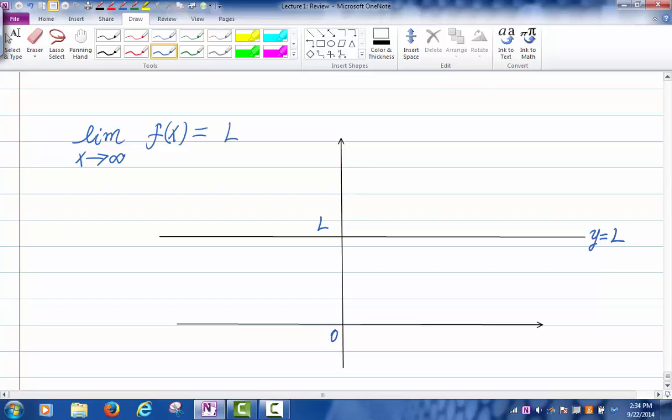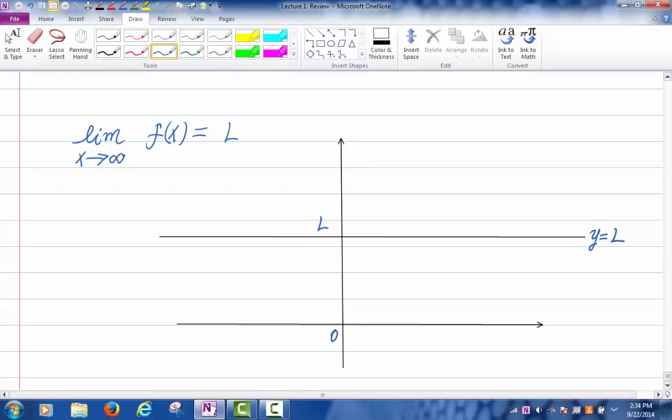What does this limit mean in terms of the graph of the function f? Well, the value of f of x gives you the height of the graph, right? So what this is telling you is that as x gets bigger and bigger, the height of the graph is getting closer and closer to L.